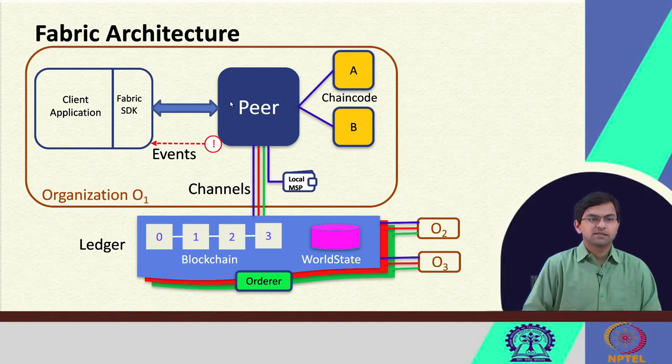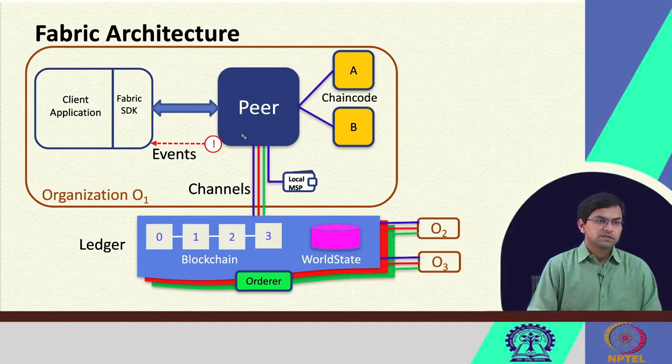The Fabric peer is used by each organization to participate and interact with the Fabric ledger, the blockchain itself. The peer is responsible for executing transactions and querying the ledger, and it also provides the interface through which decentralized applications can connect to the ledger.